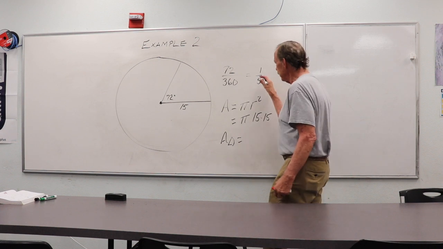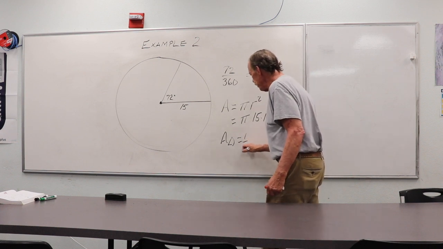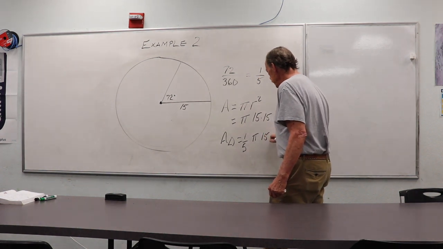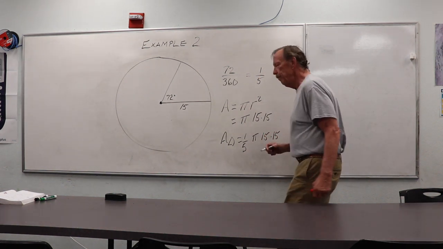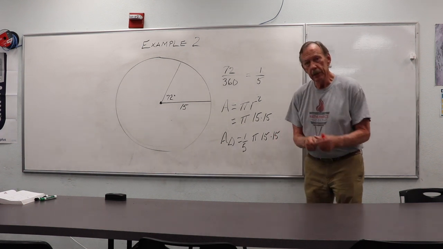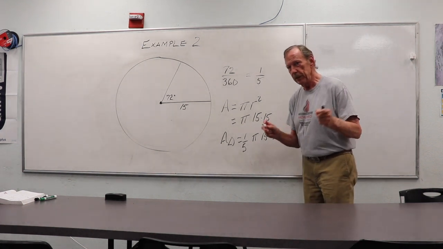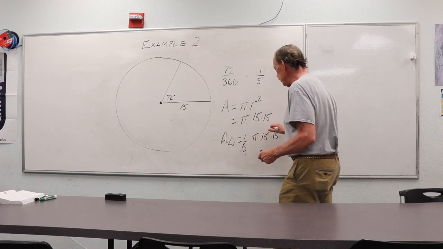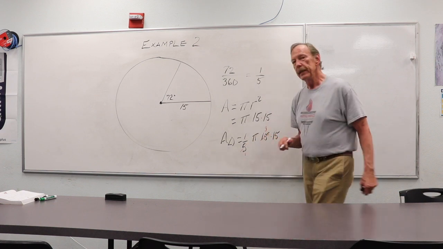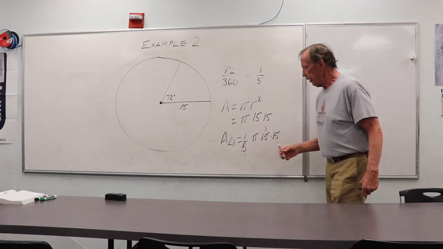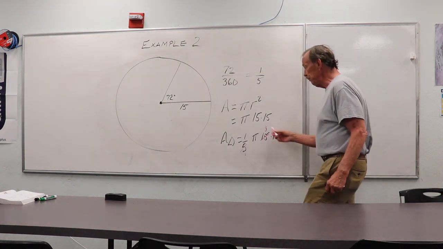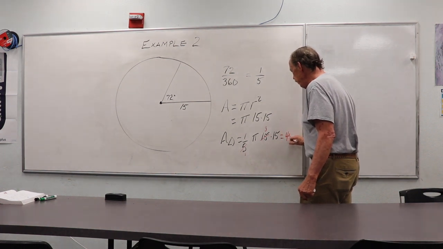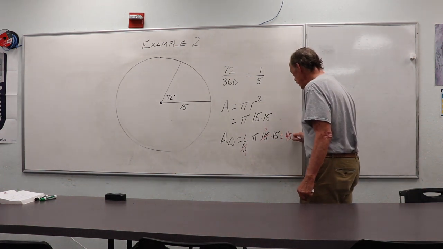The area of the sector is going to be 1/5 of pi times 15 times 15. Again, we see that we can do a little bit of reducing. 5 goes into itself once, it goes into 15 3 times. So the area of the sector will be 3 times 15 times pi, or 45 pi.